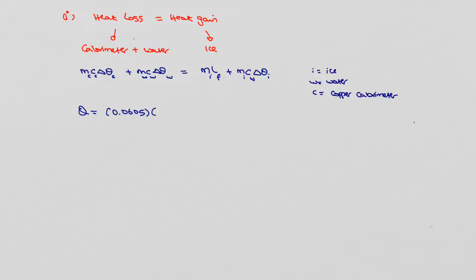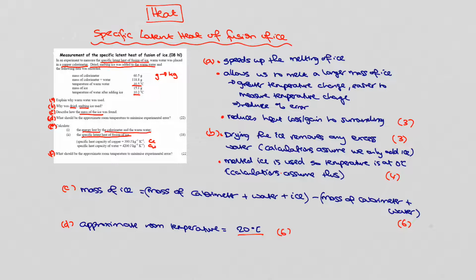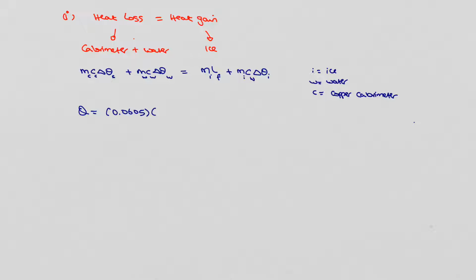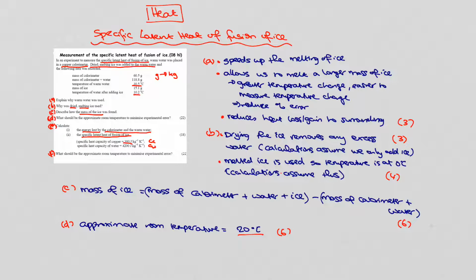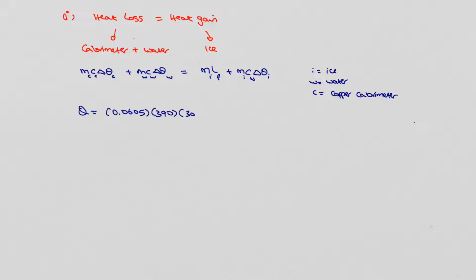And that's by our specific heat capacity of our copper. And again, if we come back here, we can see that that is 390. And then the change in temperature for the copper. So of course the change in temperature is 30.5 minus 10.2. Again, that's our degrees Celsius.